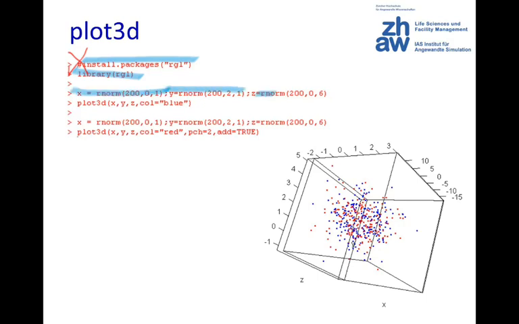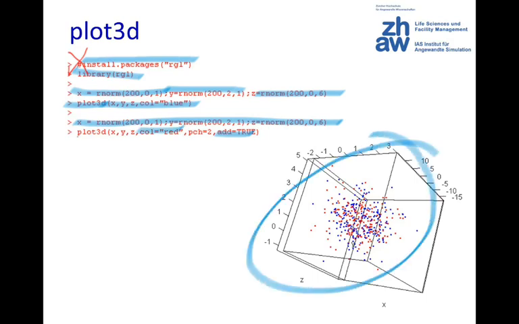An X, a Y and a Z component, and then you use the command plot3d X, Y, Z, color equal to whatever you have. And you can put second data, again with the command add equal to true, color can be red, and then you see this mixture of red and blue colors. What's very nice, please try that out in R, you can actually turn those objects around with your mouse.